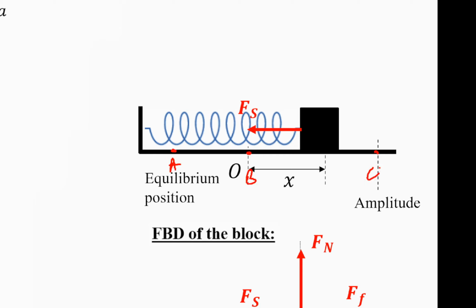Okay, now let me consider another example in which that's the point A, that's the point B, and that's the point C, and now we're going from C to B. The force of the spring would be pointing toward the equilibrium, but friction would be pointing toward the right. So in this case, you can say that the reason is minus Kx plus Ff, because if negative is to the left, then positive is to the right, but that's not the correct reason.